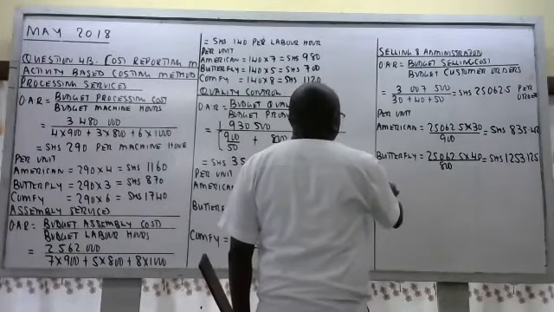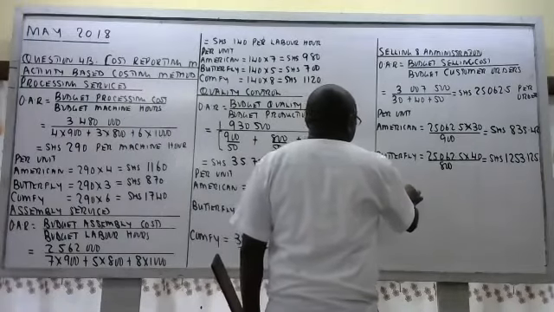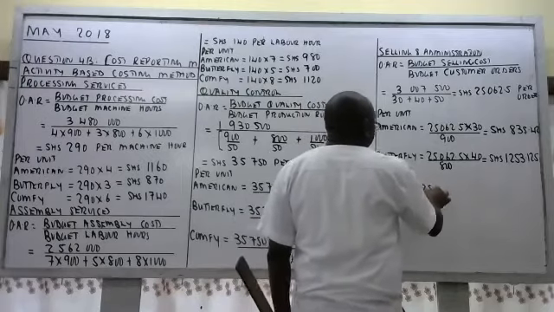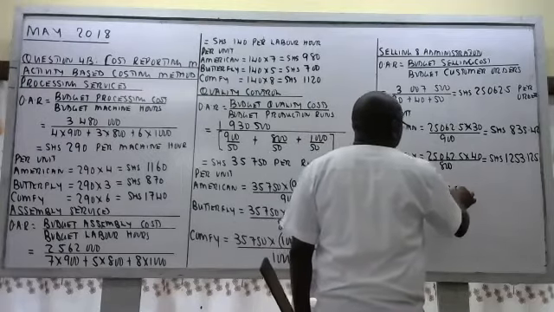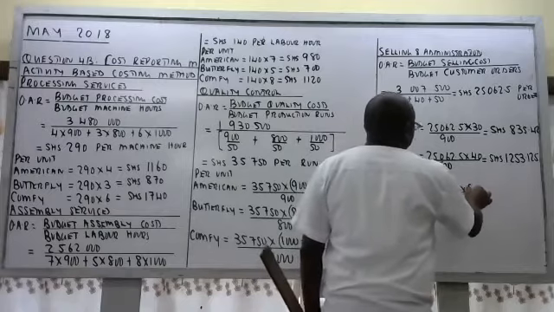So we got comfy. Comfy, it is 25,062.5 times 50.